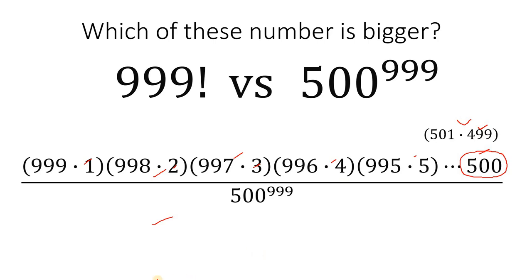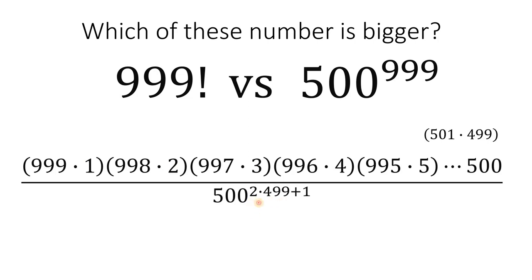By grouping. Now let's focus on the denominator, 500 raised to 999. Take note, 999, the exponent of 500, can be written as 2 times 499 plus 1.